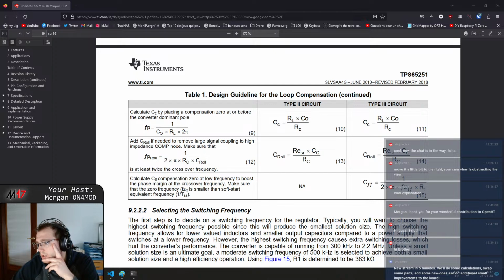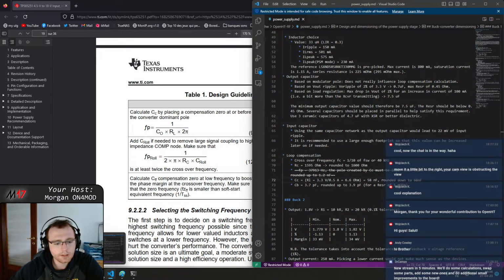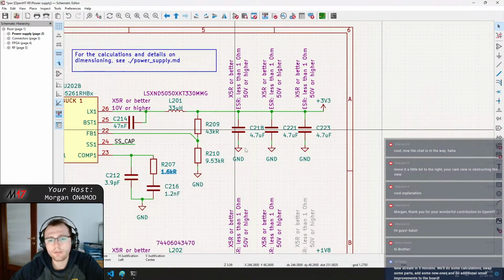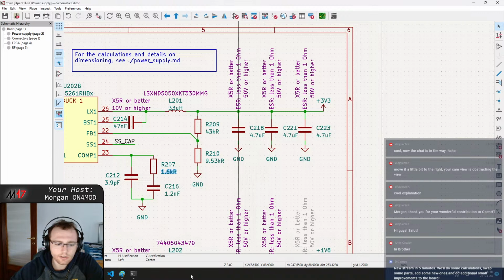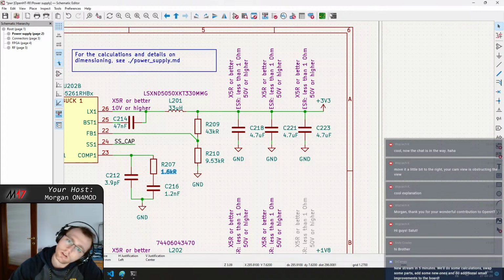It seems that the higher the capacitor value, the lower it's gonna be. So I think if we pick 10, then we are good. Except that we are not gonna use 10, because we have 3 of them. So that means that the resistors are in parallel. So we have 3.3 milliohms actually of equivalent ESR.